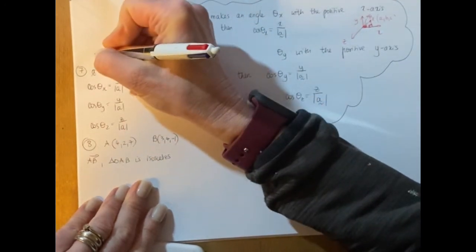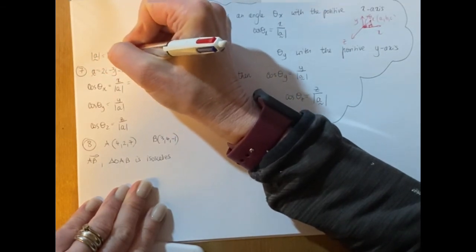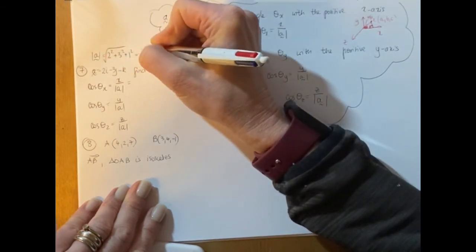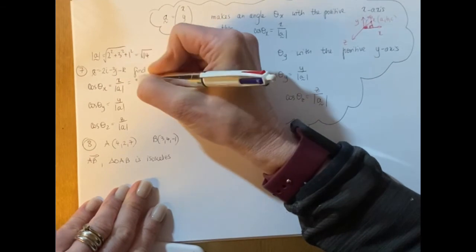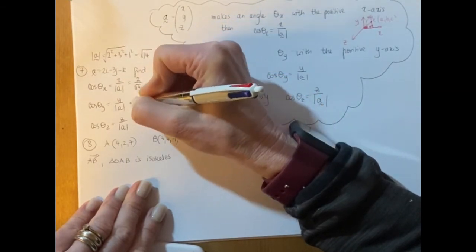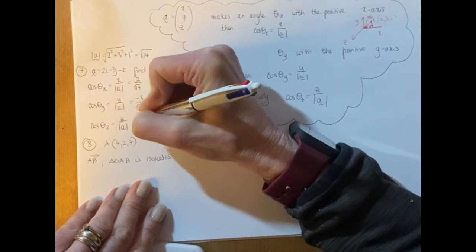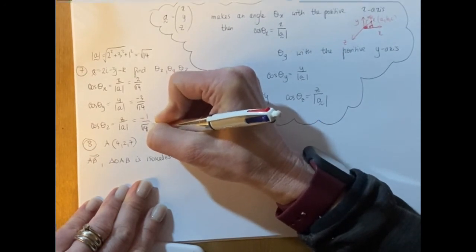So let's find the length of that vector. It's 2 squared plus 3 squared plus 1 squared, which is square root of 14. So the first one is x, which is 2 over root 14, then the next one is minus 3 over root 14, and then minus 1 over root 14.